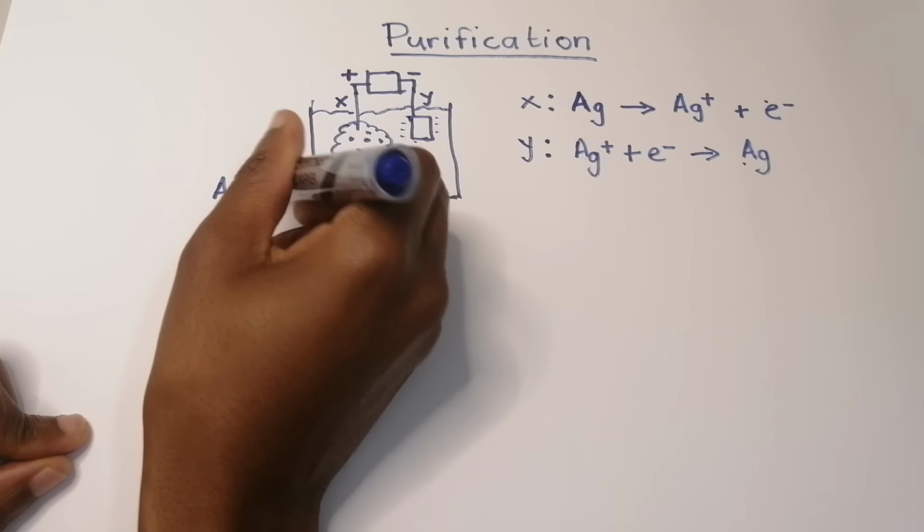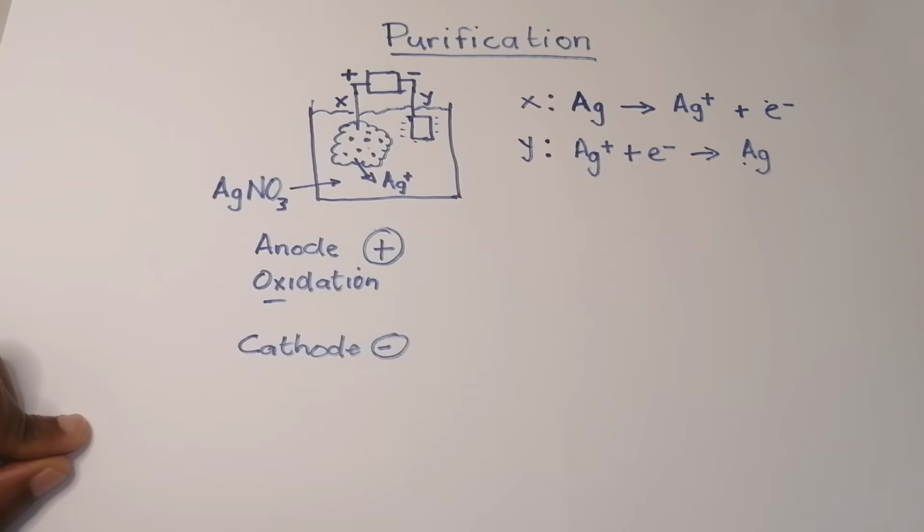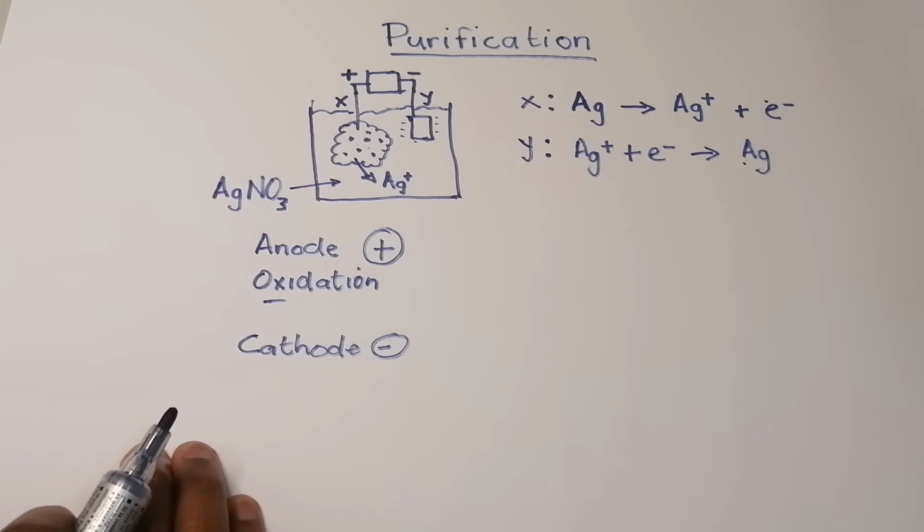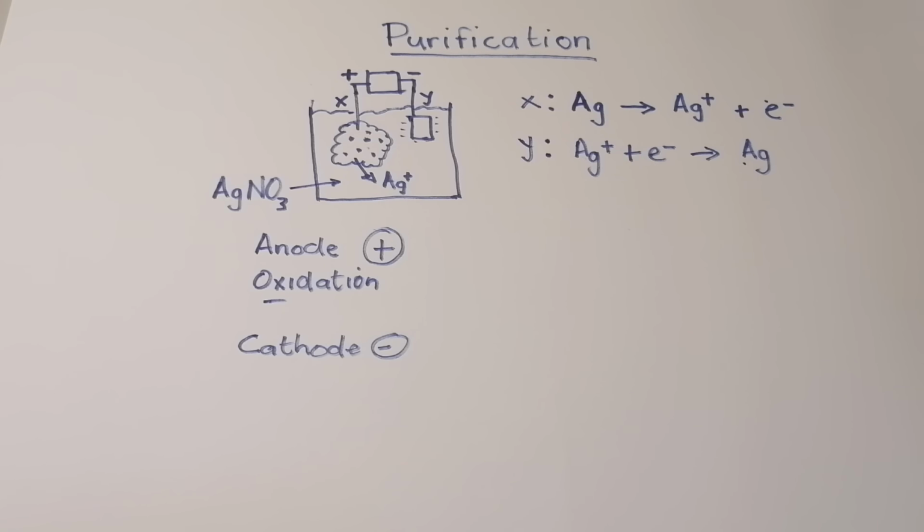I like nitrates, so I would use silver nitrate because all nitrates are soluble. By the way, if you were purifying another metal, let's say copper, it would make sense to use copper nitrate because it's also soluble. You wouldn't want to use silver chloride because it makes precipitates, but that's another story for another day.